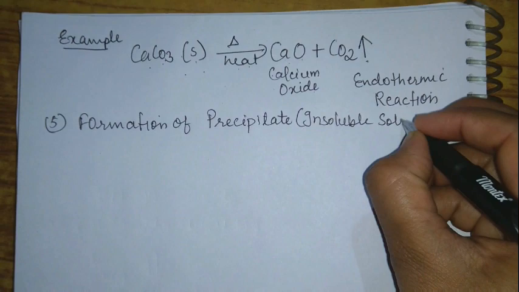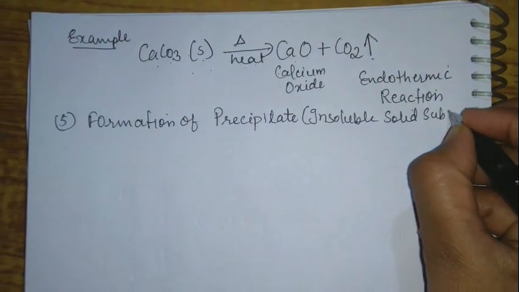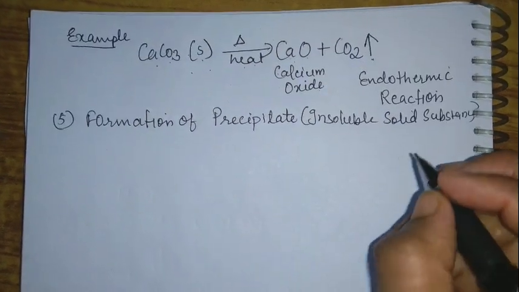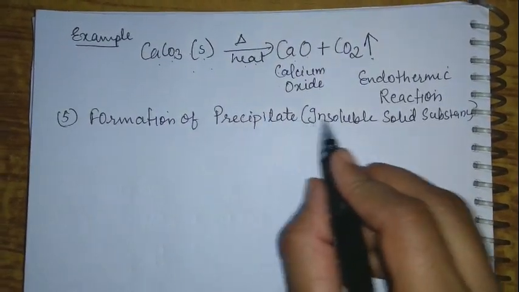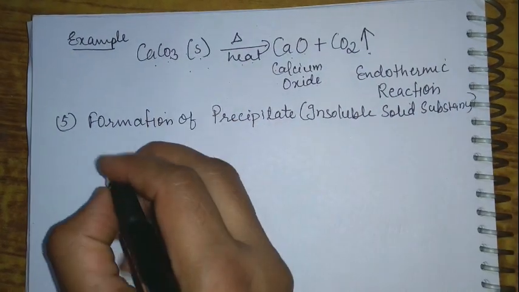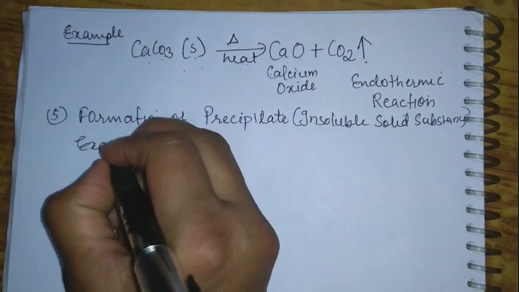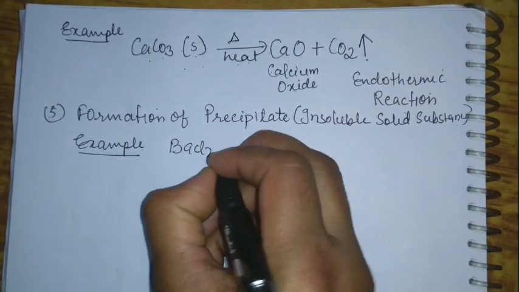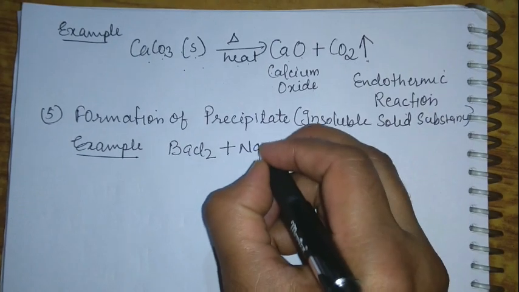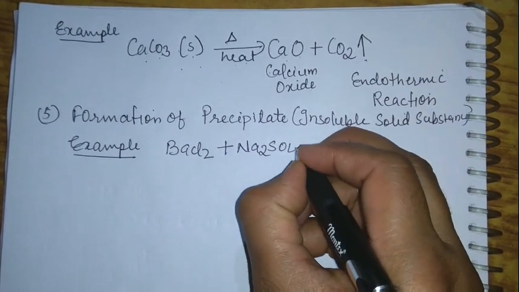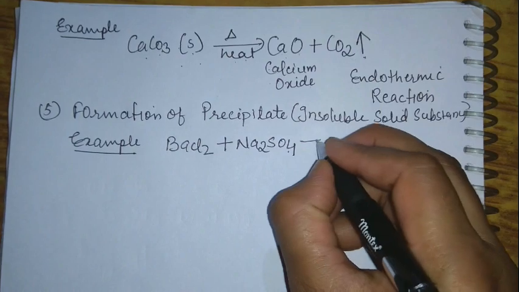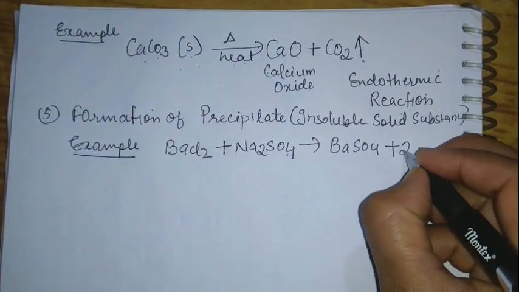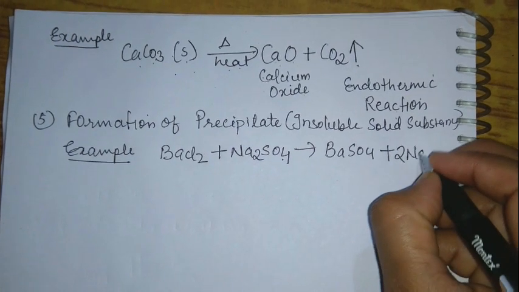Insoluble solid substance अगर फॉर्म हो, कोई insoluble substance अगर किसी रिएक्शन में फॉर्म हो तो वो रिएक्शन केमिकल रिएक्शन होता है. फॉर एग्जाम्पल, barium chloride when react with sodium sulfate, this is sodium sulfate, it gives barium sulfate plus NaCl.